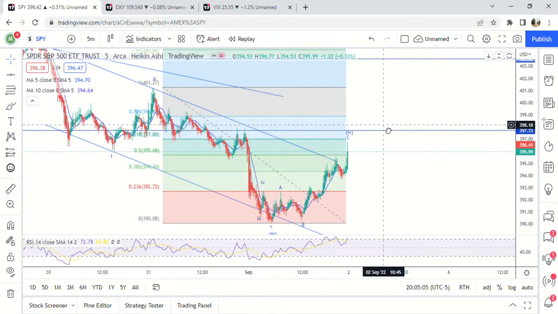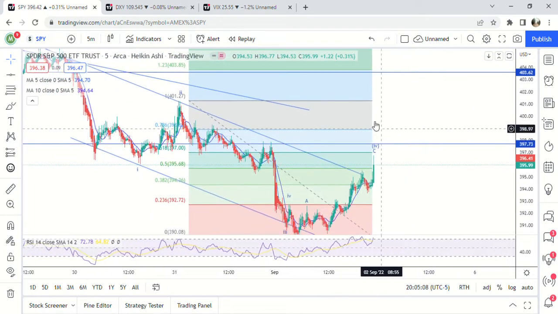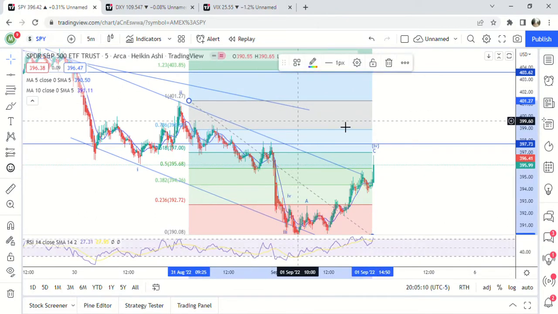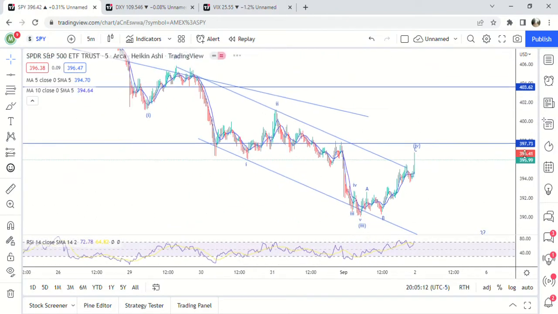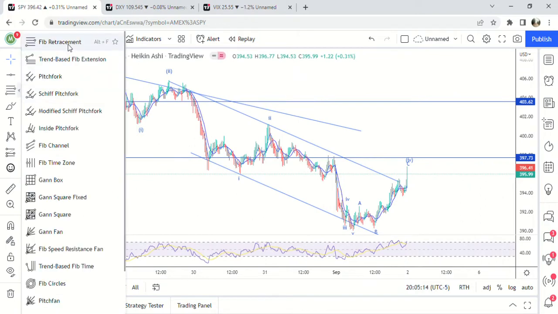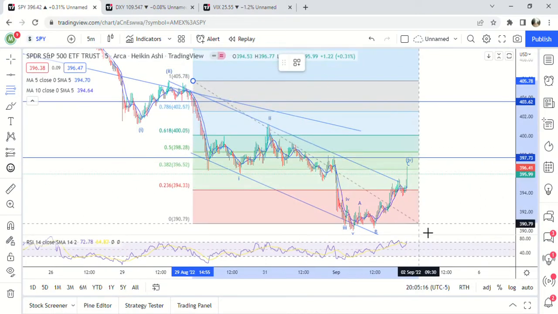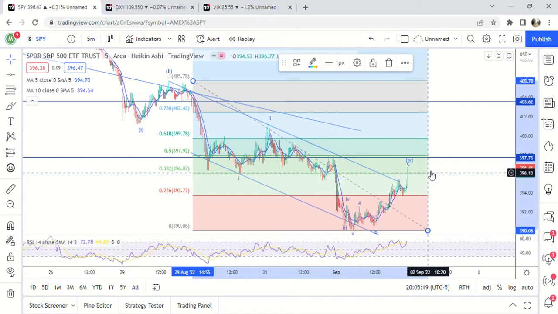Hold on for a second. No, I'm sorry, that's not right. That's the 2nd wave of the, it's retraced to a little bit over the 0.38 fib. So we don't want to see over the 0.5 fib. That will make us kind of wondering if it's actually a 4th wave.